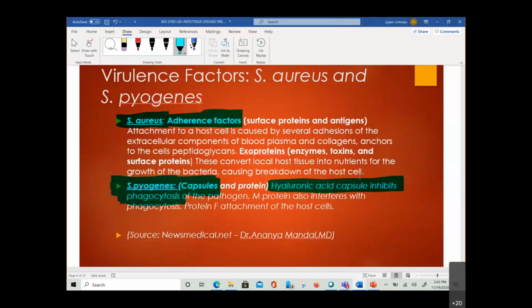Okay. Strep pyogenes has a protein F, which helps it to attach to host tissue cells.